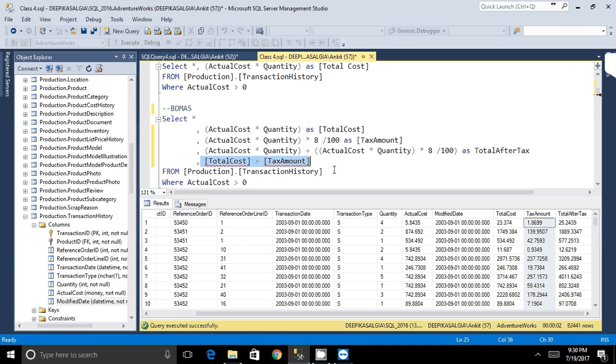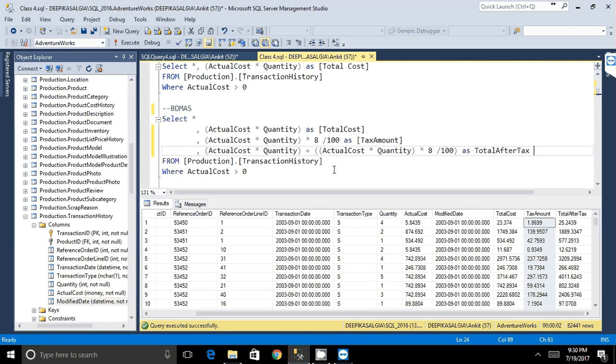All right, okay, so that's about it. Yes, right, because the tax amount doesn't exist.